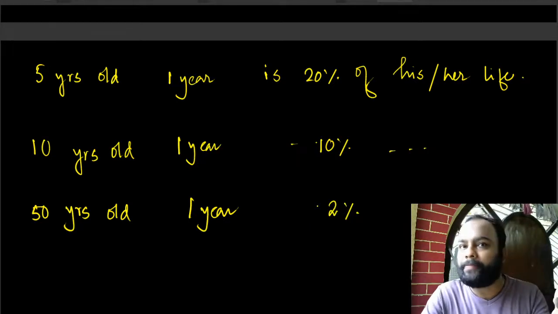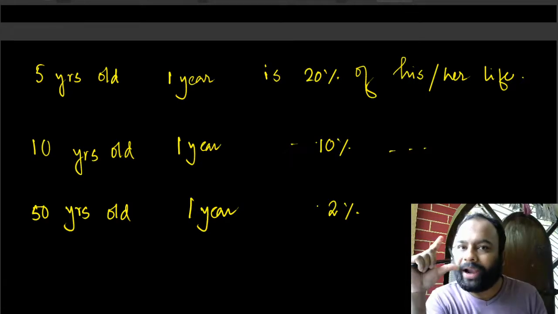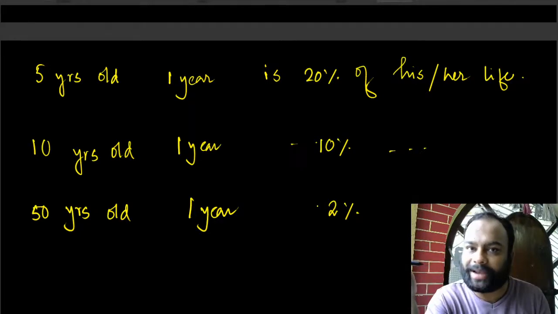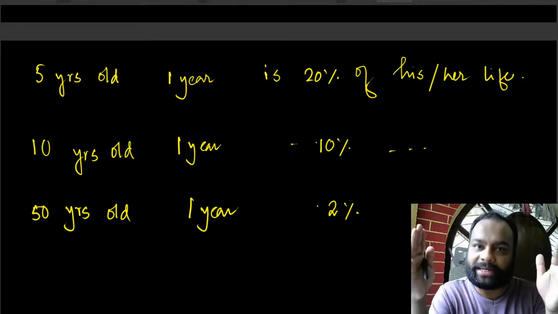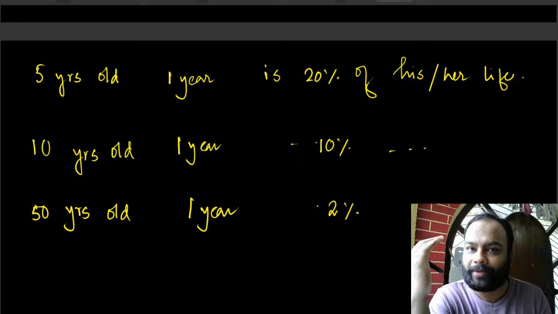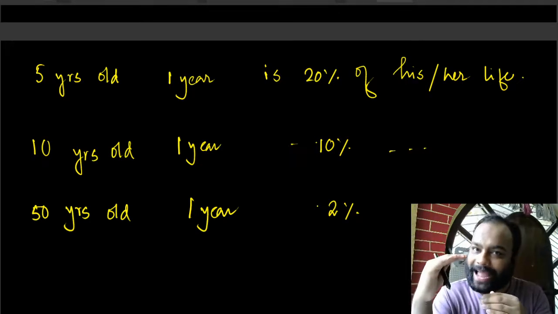Try to get the feeling. I have lived for 50 years. For me, how much does 1 year feel like? 1 year feels like just 2% of my life, right? This is just like a discount, right? Even though the time span is exactly the same.